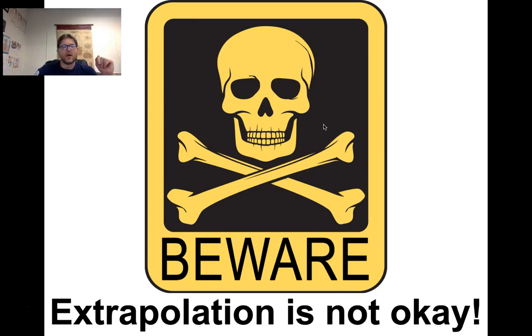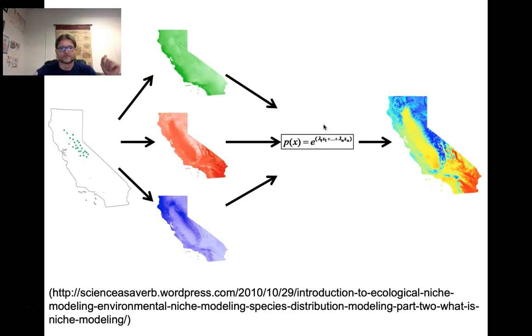Beware though, because extrapolation when you're doing species distribution modeling is not okay. So in species distribution modeling, you have GPS coordinates for where a species is found. You have limited information, but you've got what you've got. Then you have environmental layers. Let's say this is precipitation, this is temperature, and this is soil acidity.